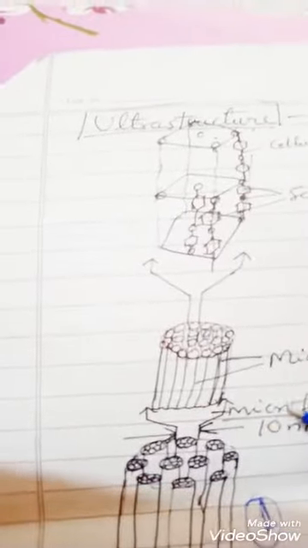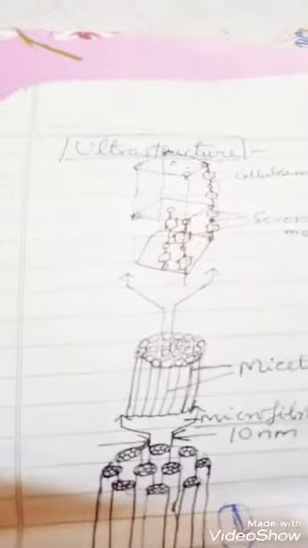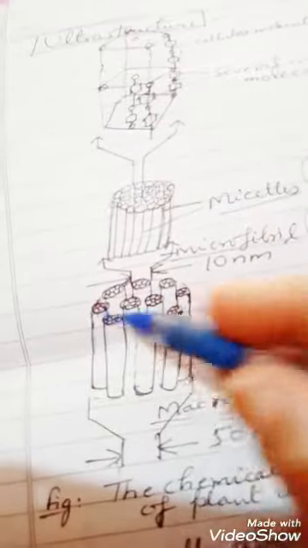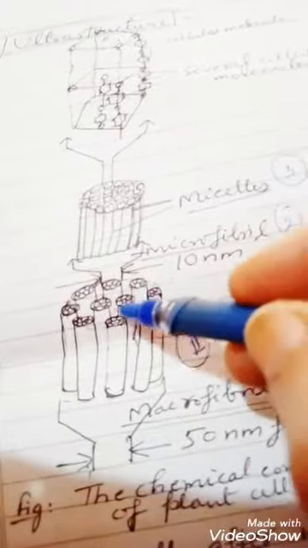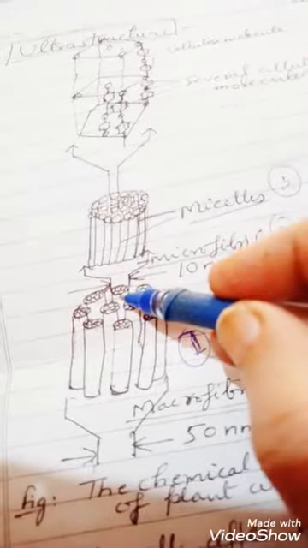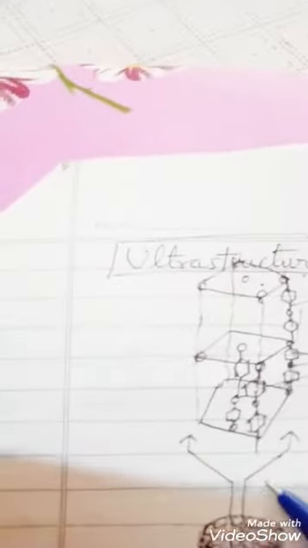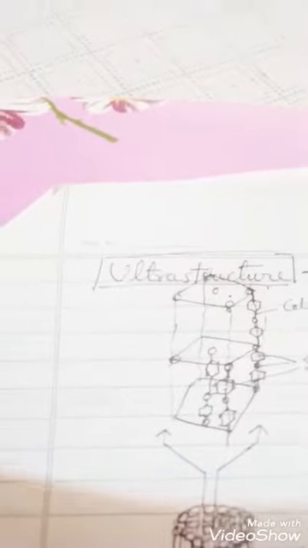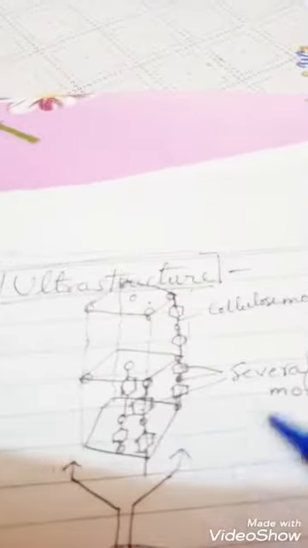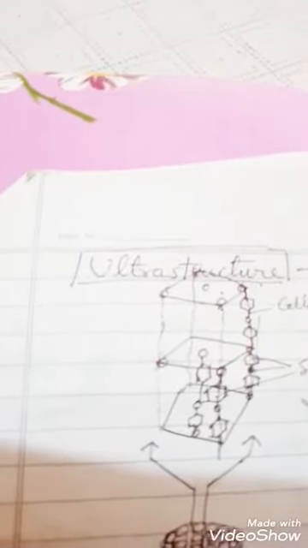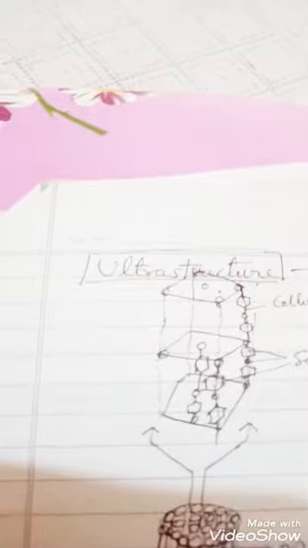When we see the detailed structure of a microfibril, it is made up of micelles, the third level. So macrofibril, then microfibril, each microfibril with micelles, and each micelle has cellulose molecules. Several cellulose molecules within a micelle are arranged irregularly scattered.